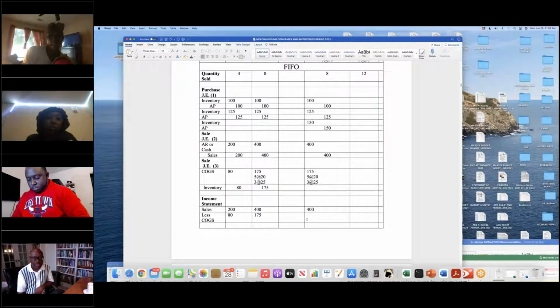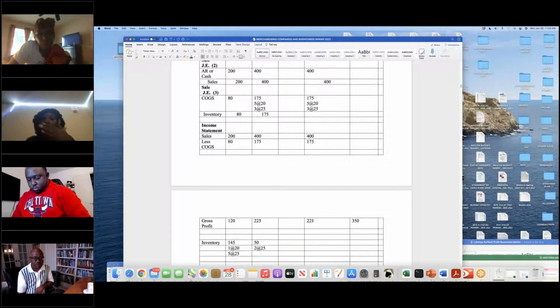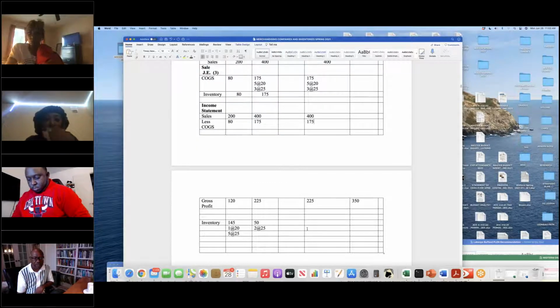And cost of goods sold is what? 175. So what's our gross profit? 225. What do we have left in inventory? 2 shoes at 25 and 5 shoes at 30. So what's our total amount of inventory? 200.